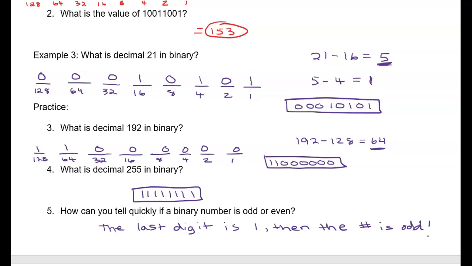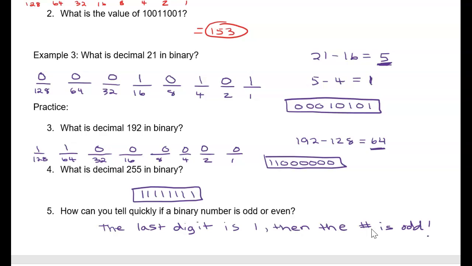And that's because everything else is just powers of 2, right? And so here, the only time you'd be adding a 1 to a binary number would be the very last digit, because 2 to the 0 power is 1, and so the very last numerical value that you're adding would be a 1.